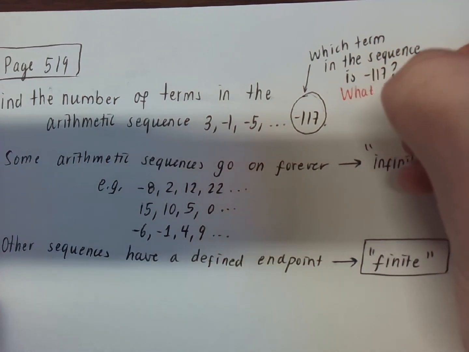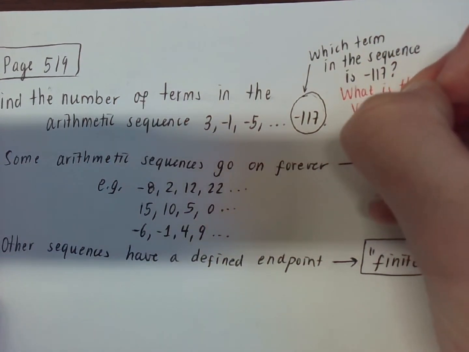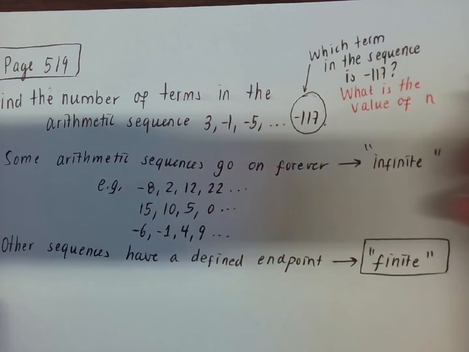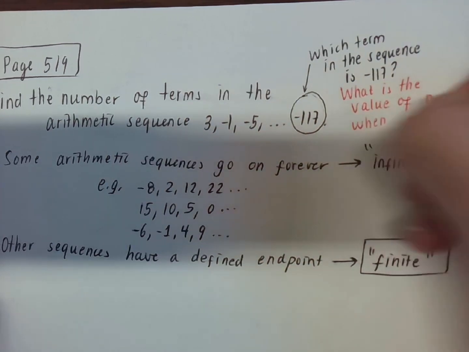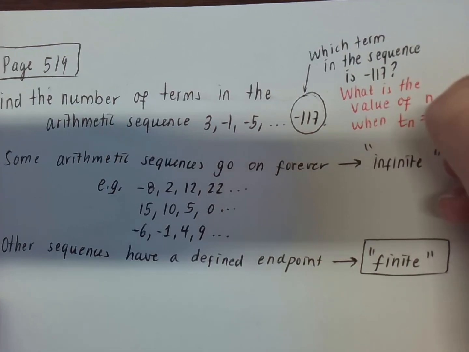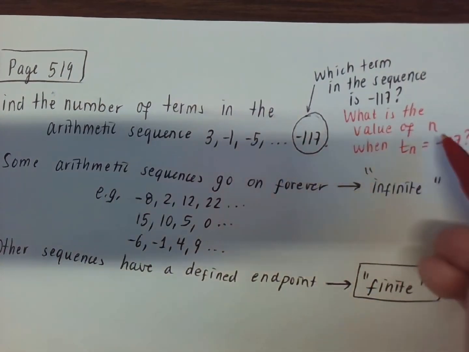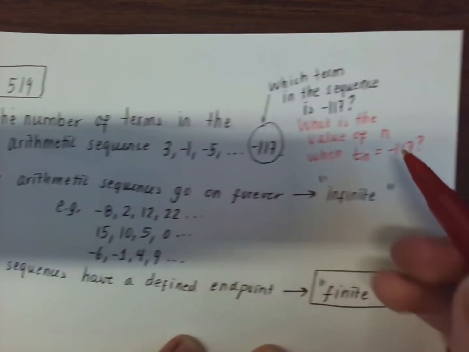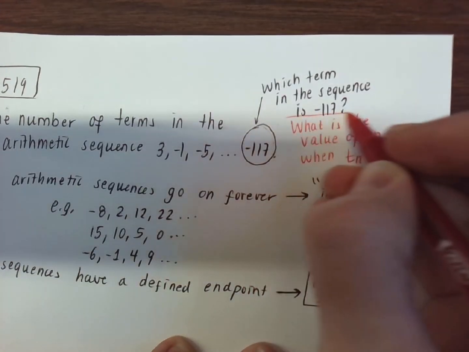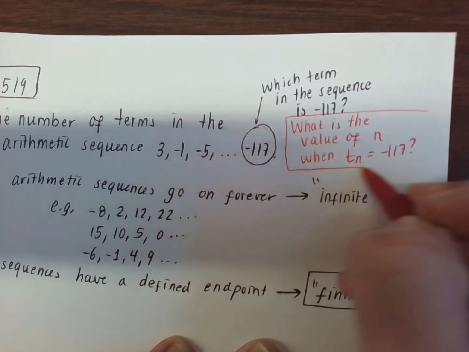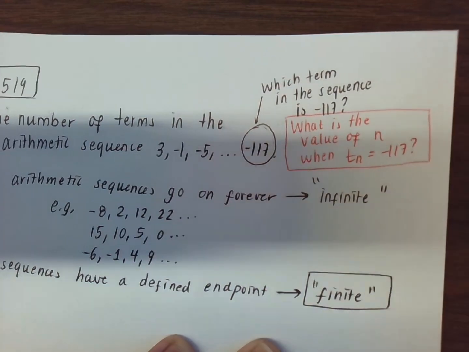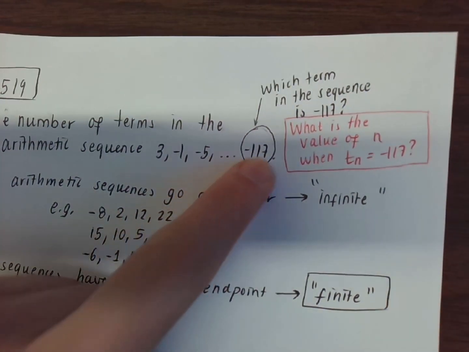What is the value of n when Tn equals negative 117? Because if we know that, then we know how many terms there are in the sequence, because that's the endpoint.